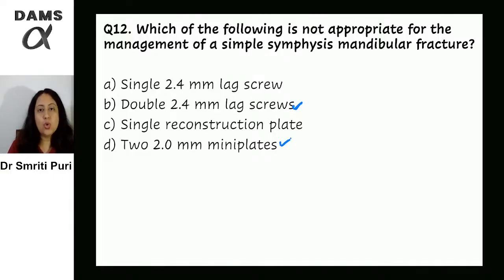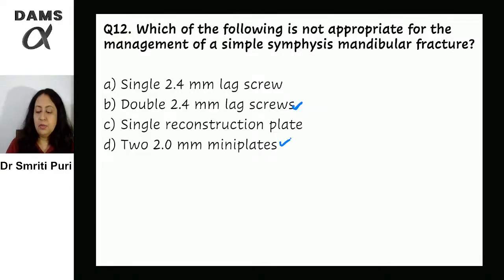Whenever there is a symphysis fracture, whether simple or comminuted, two fixation devices are a must to counteract the torsion forces.